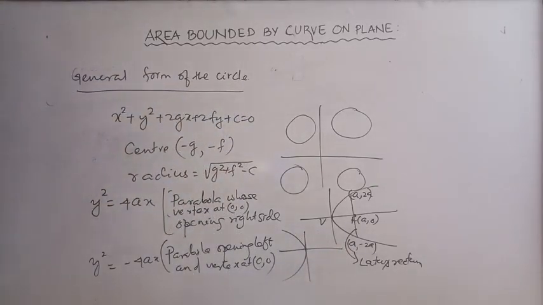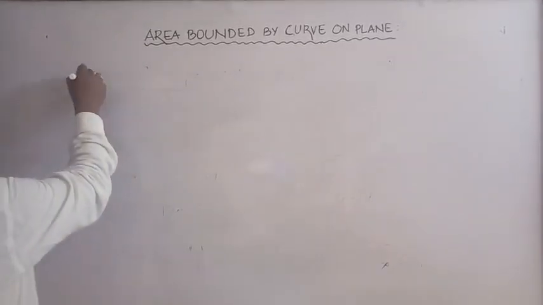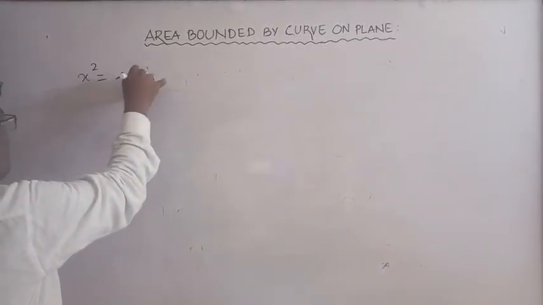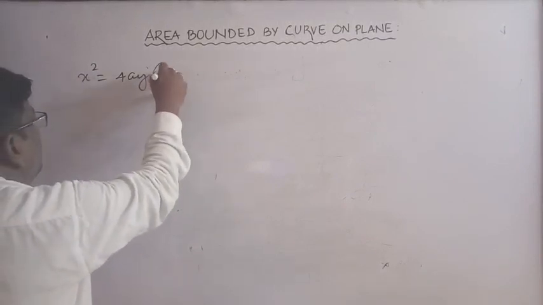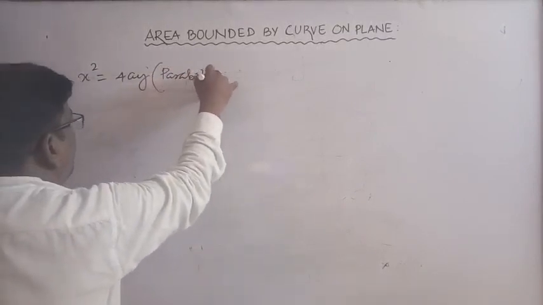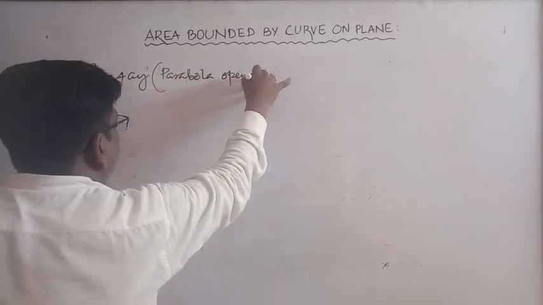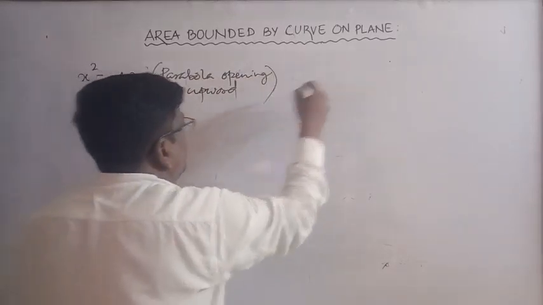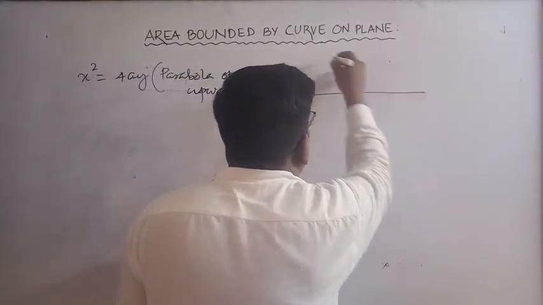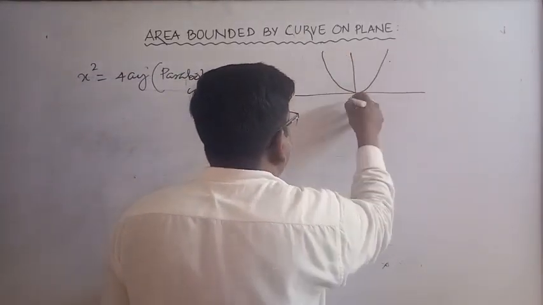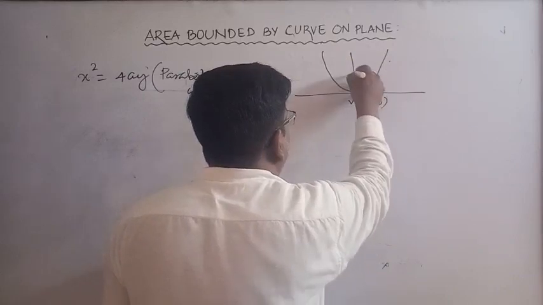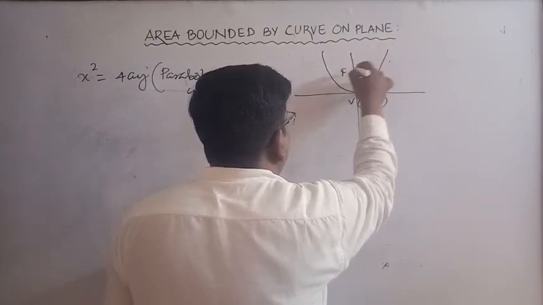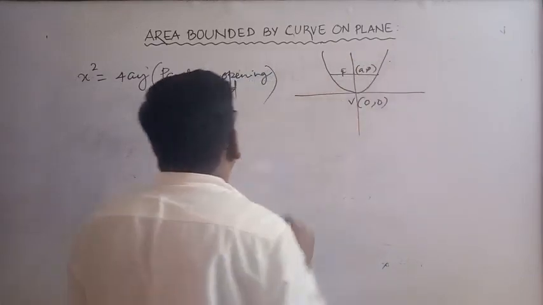Now vertical parabolas. Now x square is equal to 4ay, that is a parabola opening upward, like this, with vertex at (0, 0) and focus (0, a).